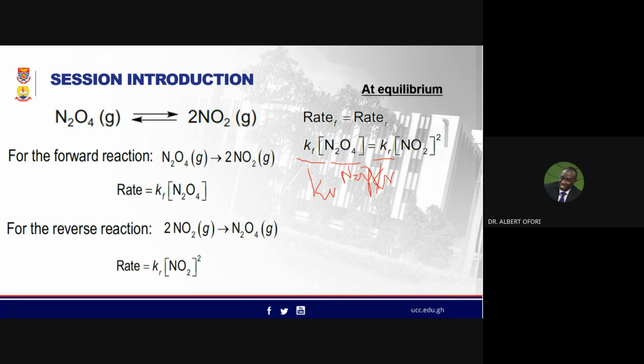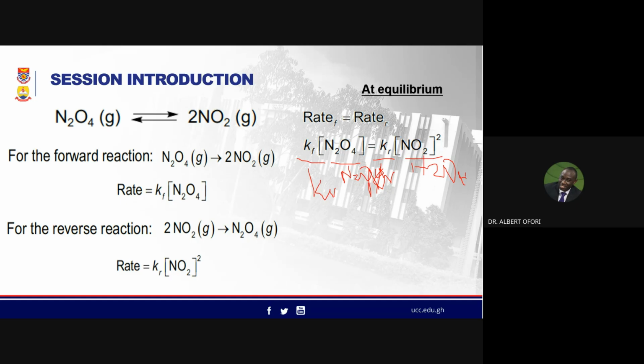I'm grouping the K's together and the concentrations also together: N2O4 here, and also dividing here by N2O4. So that I can have the rate constant for the forward reaction divided by the rate constant of the reverse reaction equal to the concentration of the product divided by the concentration of the reactants.